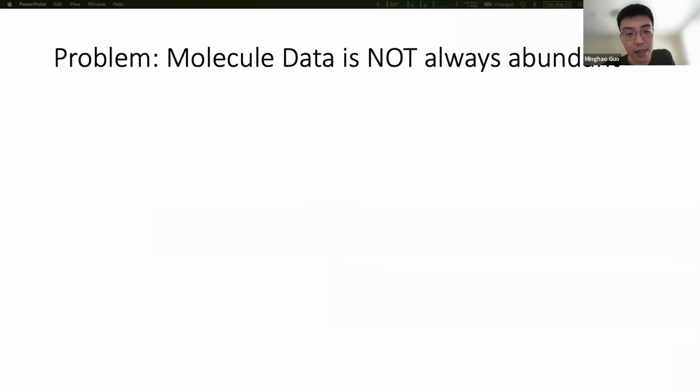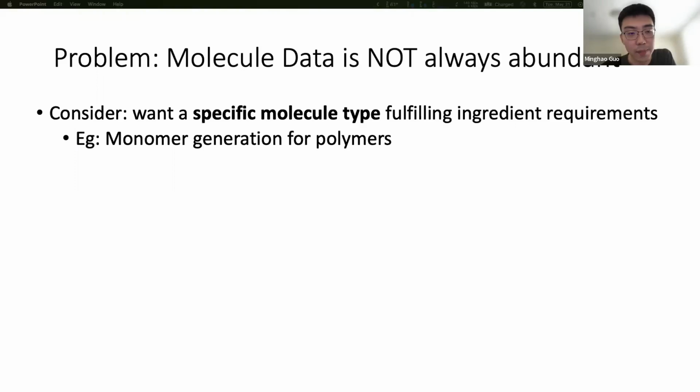Let's consider the case where we want a specific molecular type to fulfill some ingredient requirements.